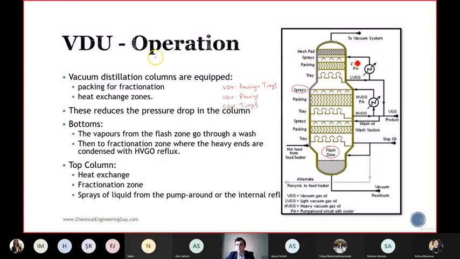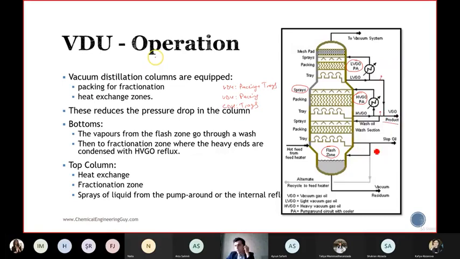Here, you can see the light vacuum gas oil pump around, heavy vacuum gas oil pump around, light vacuum gas oil product, and heavy vacuum gas oil product. So this is the mixed product. This is the HVGO product. This is the LVGO product. This is the mixed VGO product.